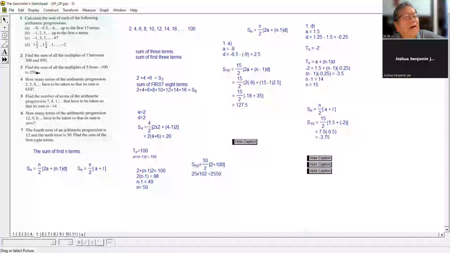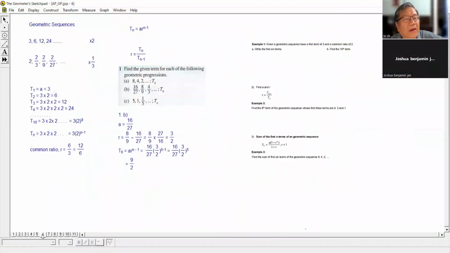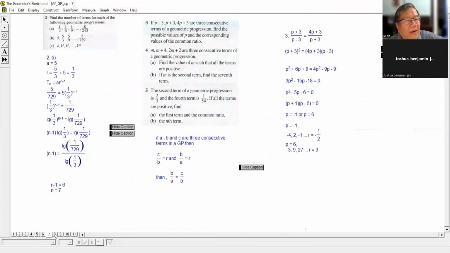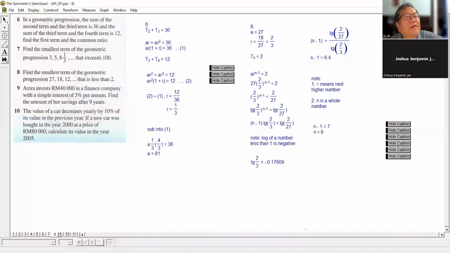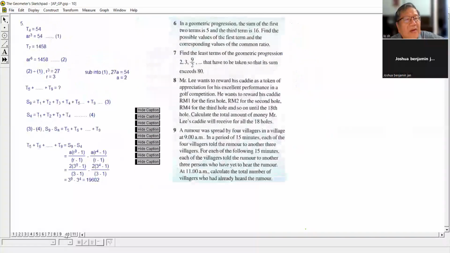Find the sum of the fourth term of an arithmetic progression. Find the sum of first 8 terms. This is geometric. This one is the latest one.